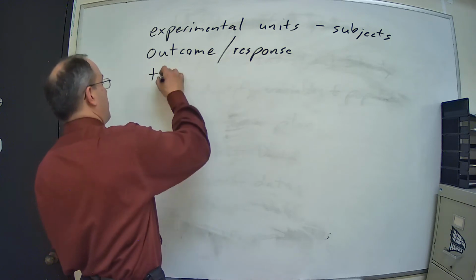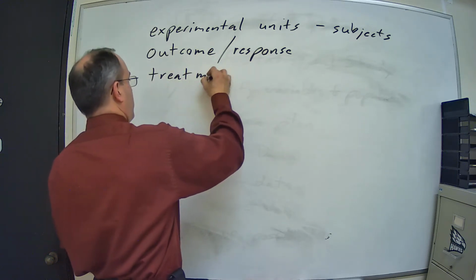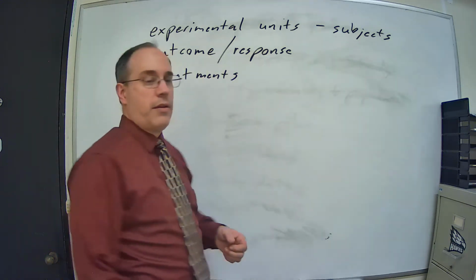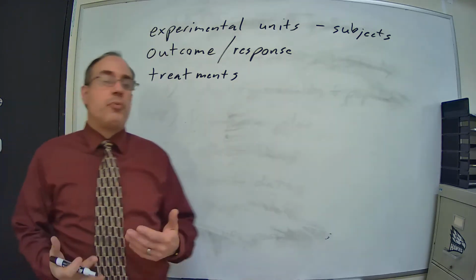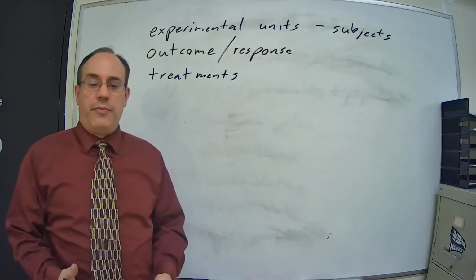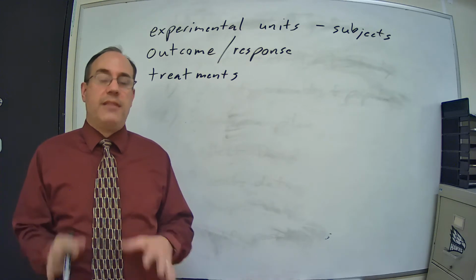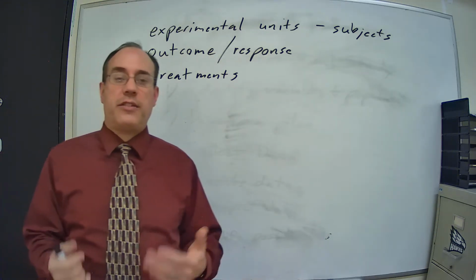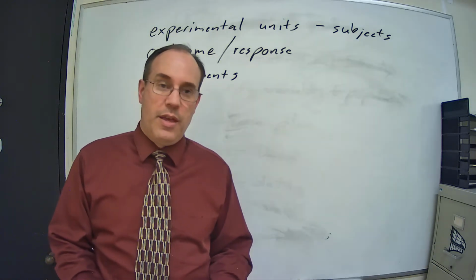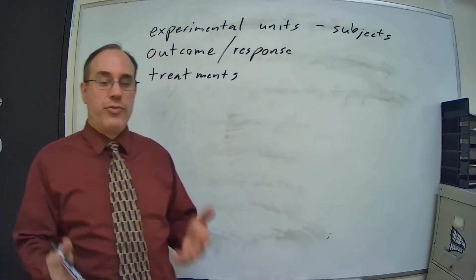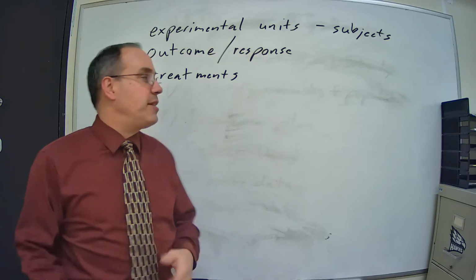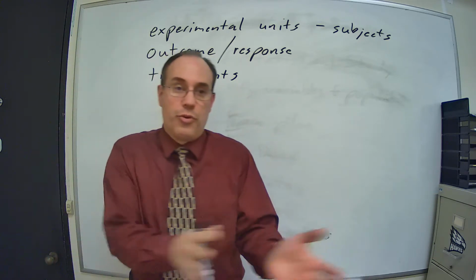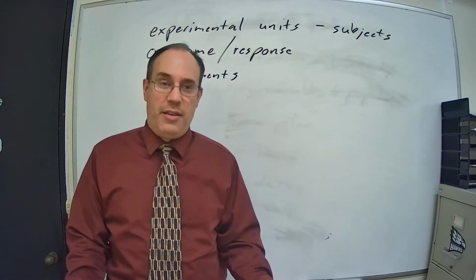Treatments are procedures applied to each experimental unit, and there are always at least 2 treatments applied to determine effect on outcome. What I mean by there are always at least two treatments means that you have to have at least 2 groups with different things happening.